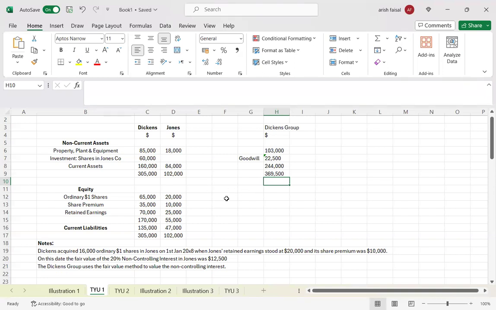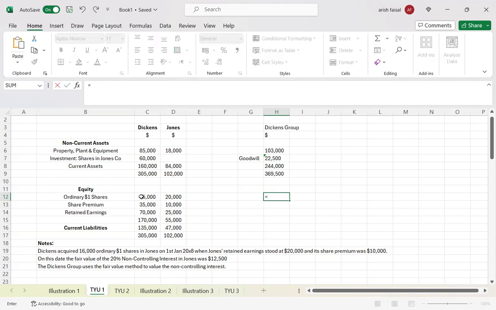Now, from the equity perspective, you will always report for the parent, right? Because the subsidiary's equity and share premium at the date of acquisition has already been acquired. So it has been cancelled with the investment basically. And the extra amount you paid was considered to be goodwill. So here we will only write down the share capital of the parent company. Okay.